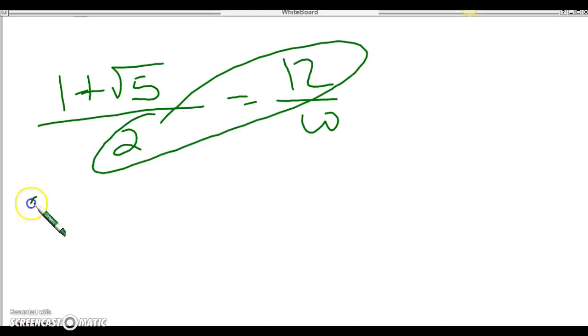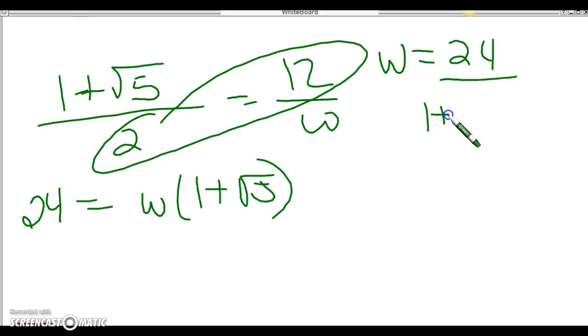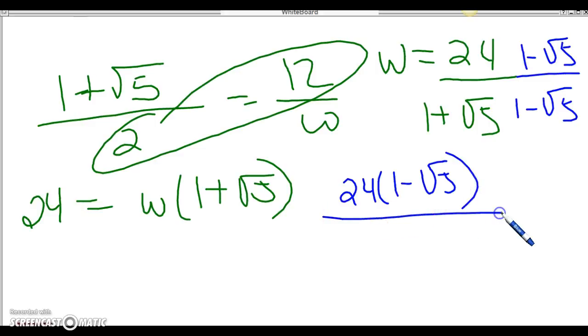2 times 12, which is 24, equals W times (1 plus square root of 5). When I divide that, I get W equals 24 over 1 plus root 5. I'm going to multiply by the conjugate, so that's 1 minus root 5 over 1 minus root 5. And I get 24 times (1 minus root 5) over 1 minus 5.